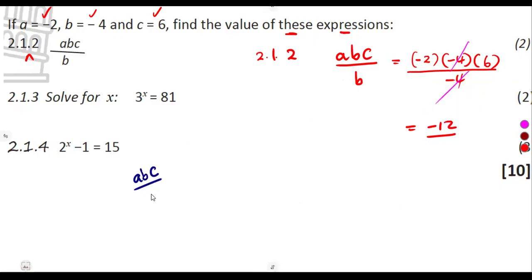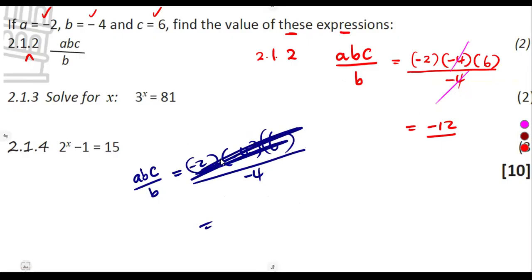abc over b is equal to: you multiply as it is, negative 2 times negative 4 times 6, everything over negative 4 as it was. Then multiply everything that you see in the numerator, right?